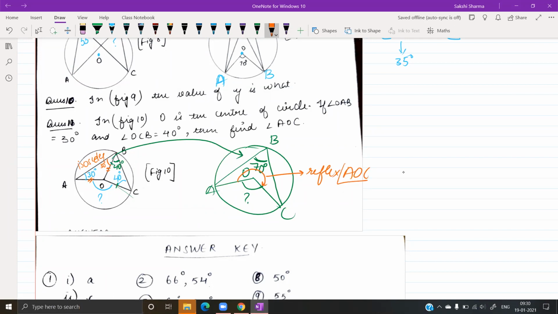You can also find this out by applying the angle sum property. Since the two triangles are isosceles, you can calculate these angles by using the angle sum property in individual triangles, and then subtract this from 360 degrees. You will be able to find out the reflex angle AOC. I think you have your next class. The test will be during your class on Thursday.